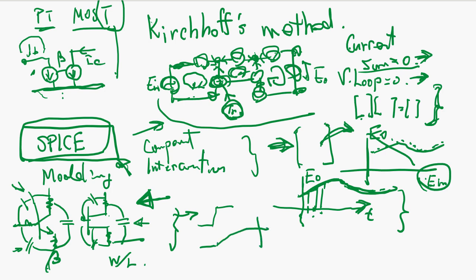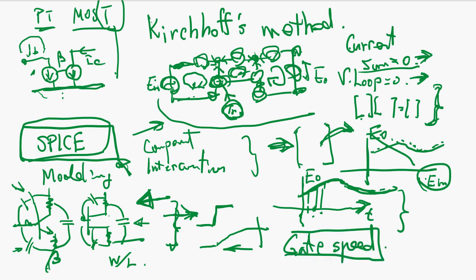When you make a transistor small, then capacitance is small, and the switching becomes sharp and quick. So the so-called gate speed in a digital circuit, transistor size matters. As transistor size becomes small, gate speed increases, and overall IC chip performance increases.